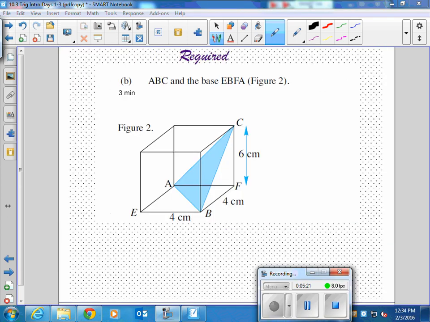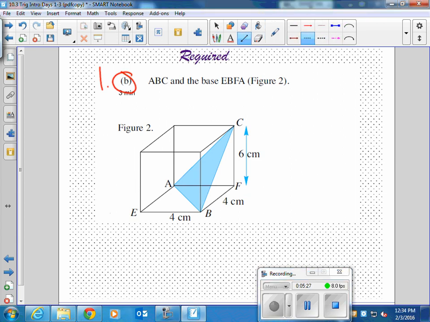So while we're at it, we're going to do 1B. And this one has a little tricky part to it, and I think I mentioned it yesterday, is you need to bisect this here. You need to split this in half, and you're going to figure out the angle here to here.